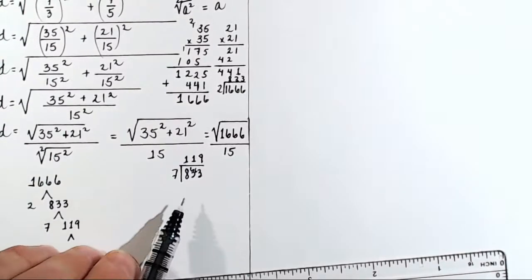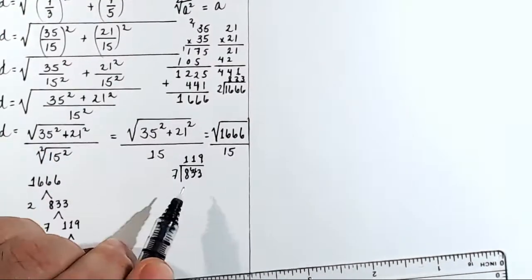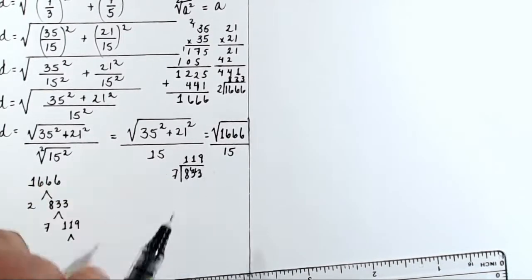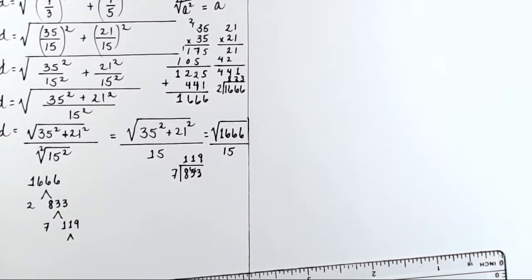Let's double check our work. Is 833 really divisible by 7? 7 went into 8 one time, carry the 1. 7 went into 13 one time, carry the 6. 7 goes into 63 9 times. So it's 119 times 7.